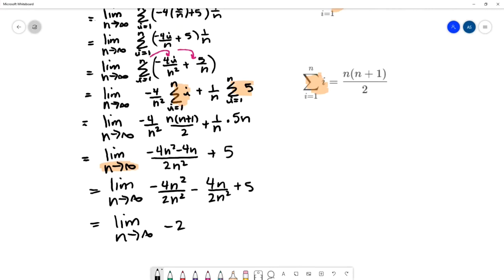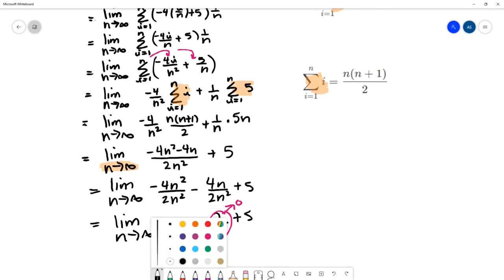We have negative 2 minus 2 over n plus 5, and as we apply the limit going to infinity, this portion is going to approach 0 because you have your denominator going to infinity and your numerator staying fixed, so that overall fraction goes to 0. So this gives us a limit of 3.